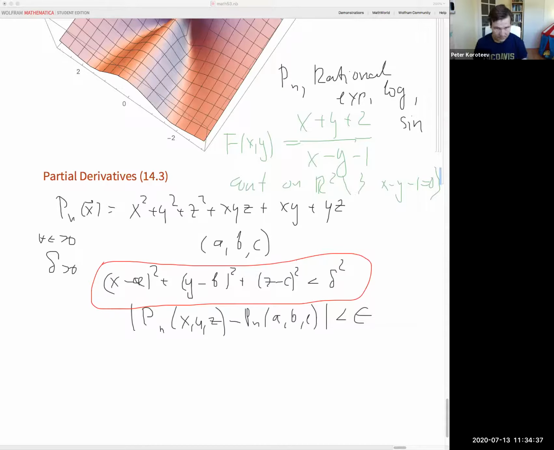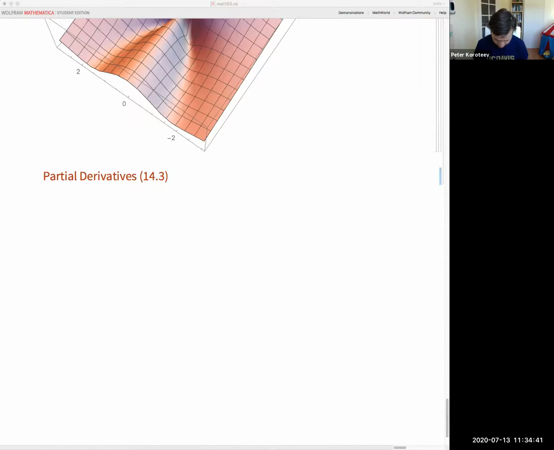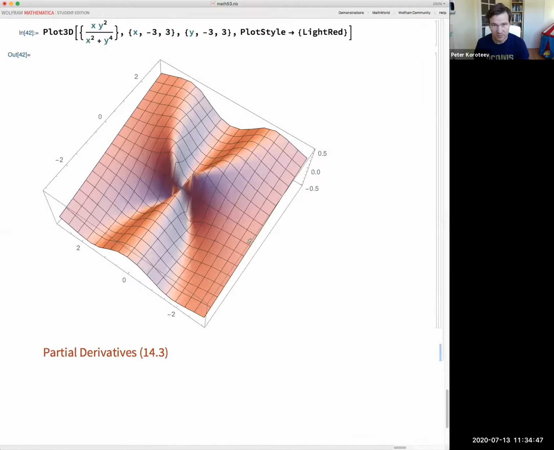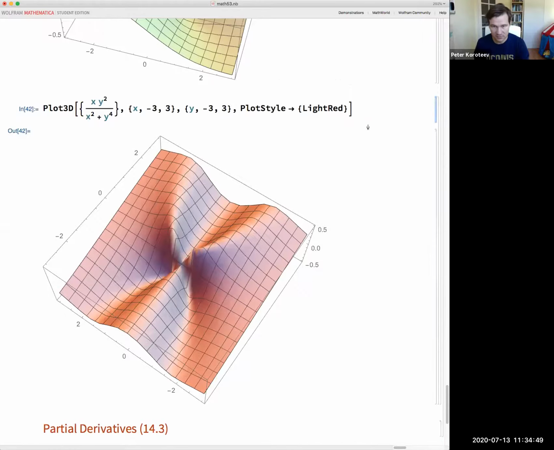Good. So now let's talk about partial derivatives. Let's maybe pick some plot. Okay, maybe not as singular as this one.